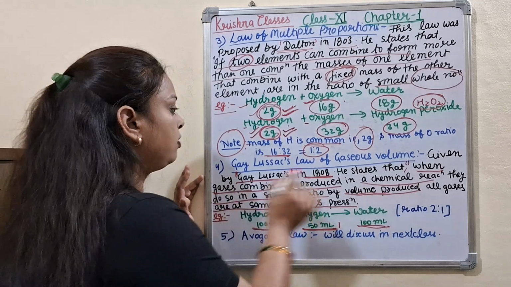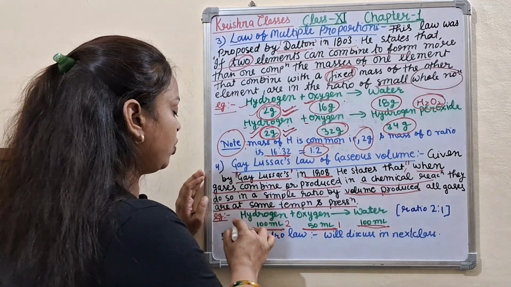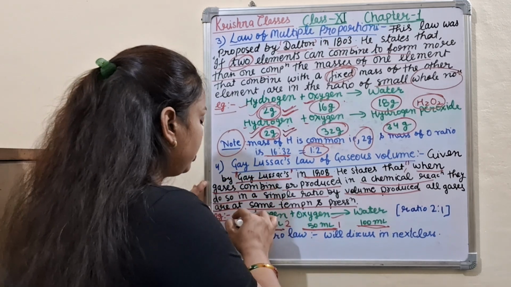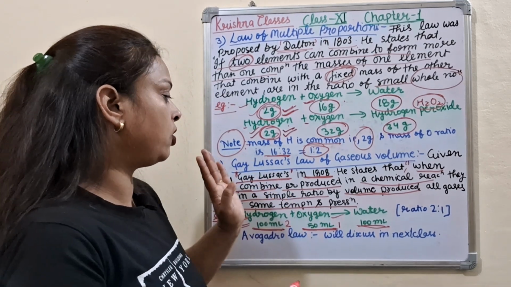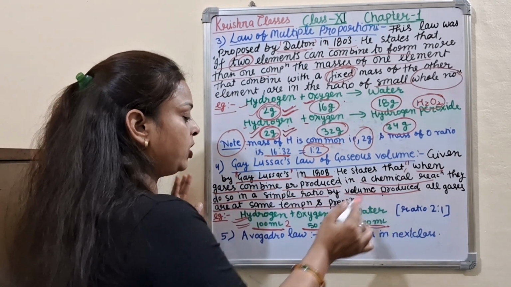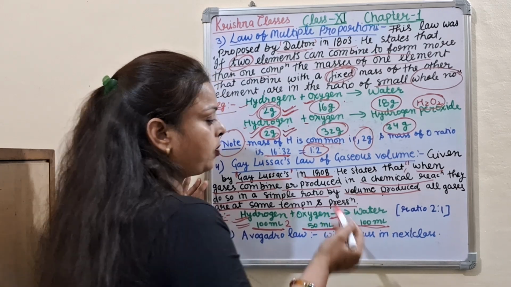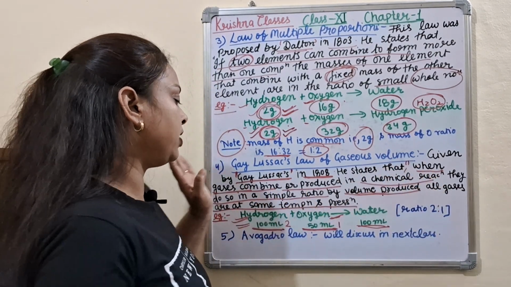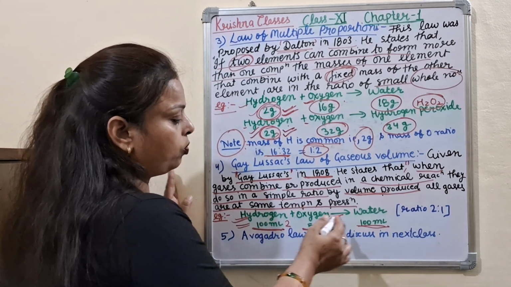How? When gases combine, here two gases, hydrogen and oxygen, are combined. Only the two gases, hydrogen and oxygen, combine in a chemical reaction, and they do so in a simple ratio by volume.